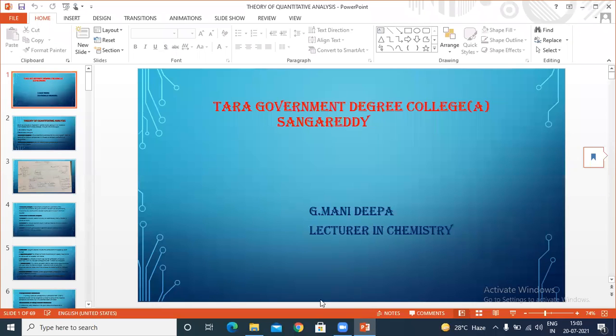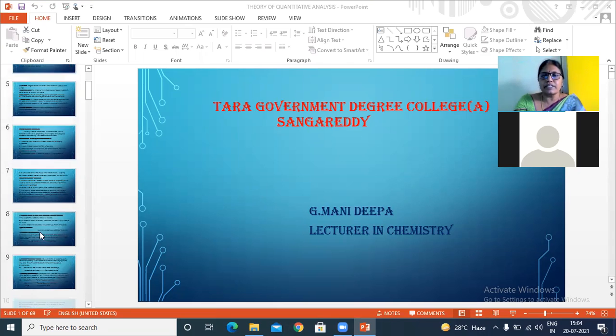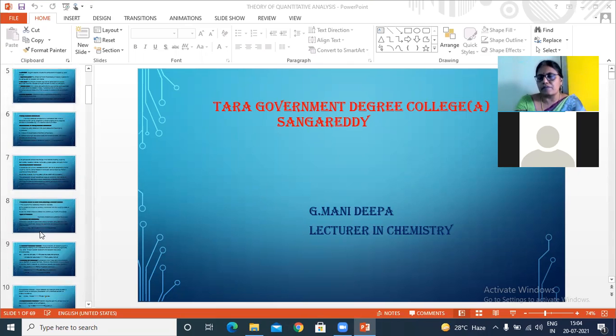Dichrometric titrations are where we use potassium dichromate as one of the substances. Depending on the compound, it can be either reducing or oxidizing. In permanganometry, potassium permanganate works as a powerful oxidizing agent, so we determine reducing agents like ferrous sulfate or oxalates or oxalic acid.